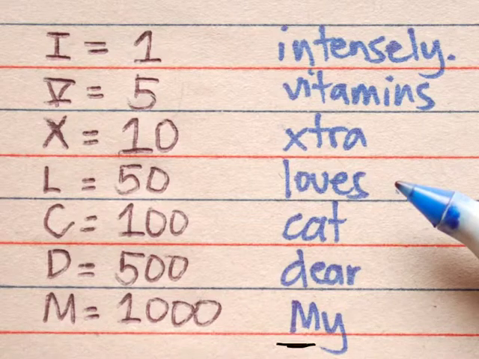You start here, this is where the capital letter is. My dear cat loves extra vitamins intensely. Now I know that extra starts with an E, but the first sound you hear is the X. So my is 1000, dear 500, cat 100, loves 50, extra 10, vitamins 5, intensely 1.